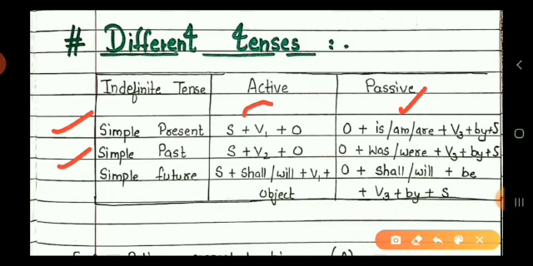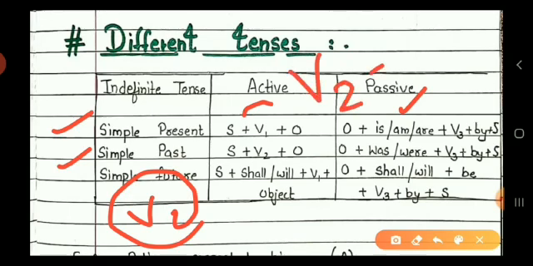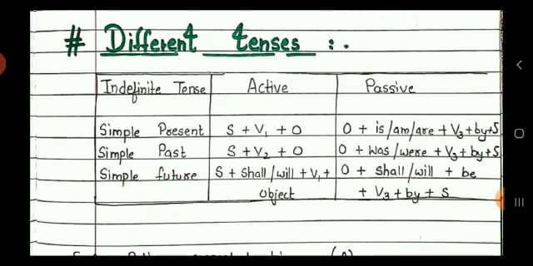Now let's talk about simple past tense. How will we recognize it? V2 is there, very good. V2 means the second form of the verb. So that will change into the third form of the verb. And of course, was, were we have to put, as I told you about the changes.